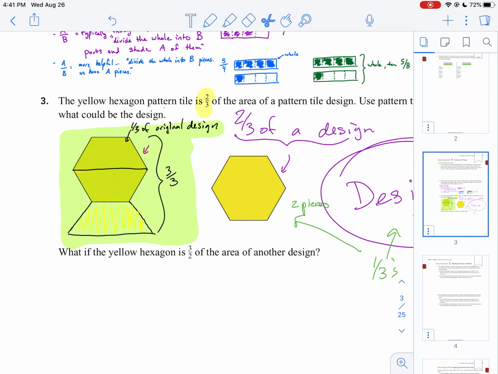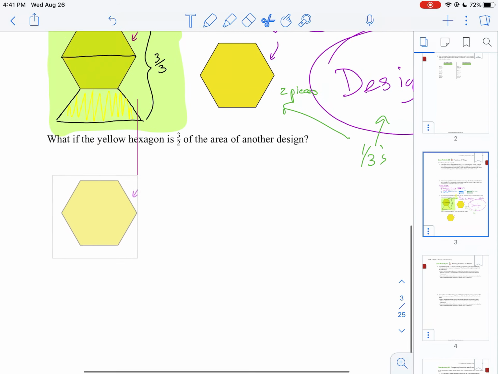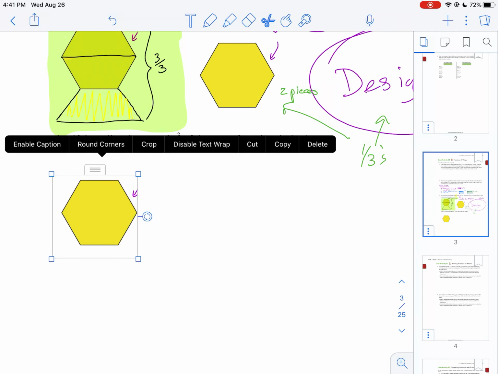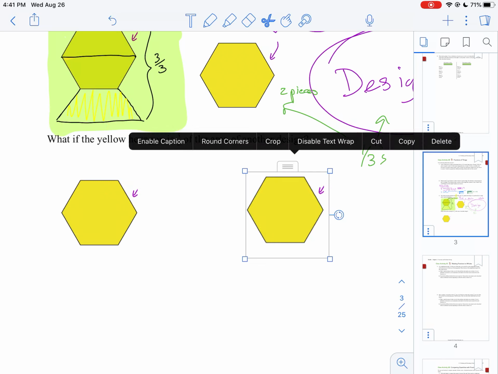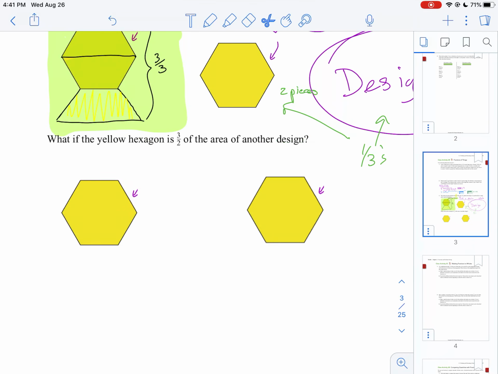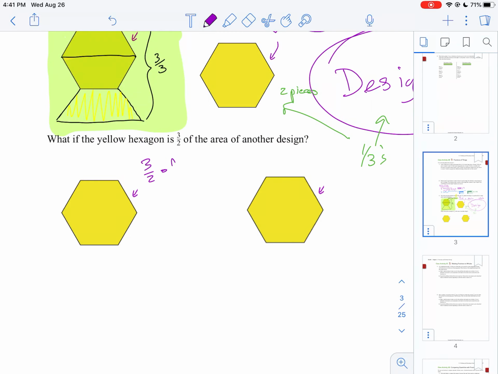All right, excellent. Let's take a look at the next one. It says, what if the yellow hexagon is 3 halves of the area of another design? I think it's going to be helpful to have a couple of these. All right, so this is now 3 halves of the design.